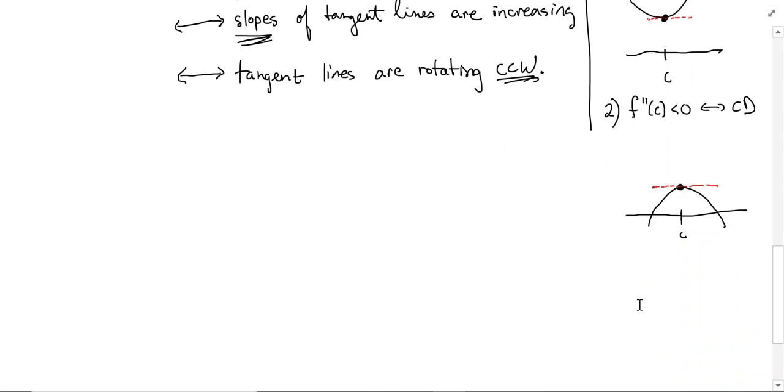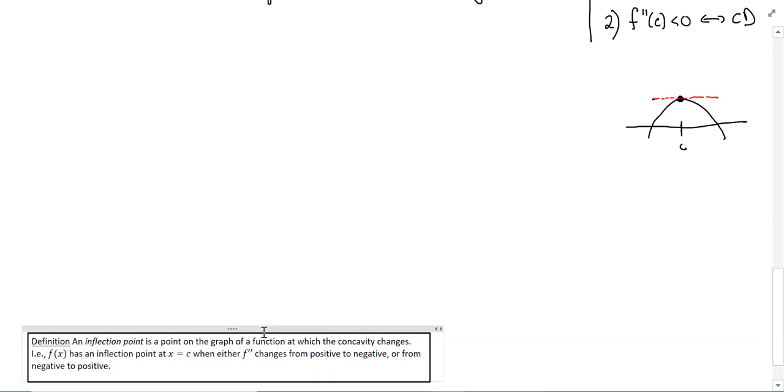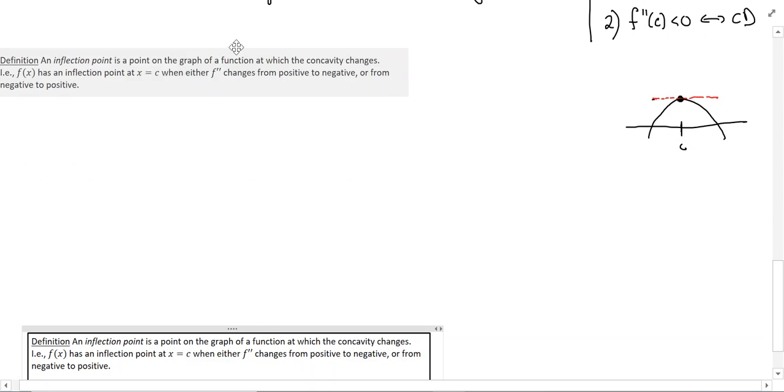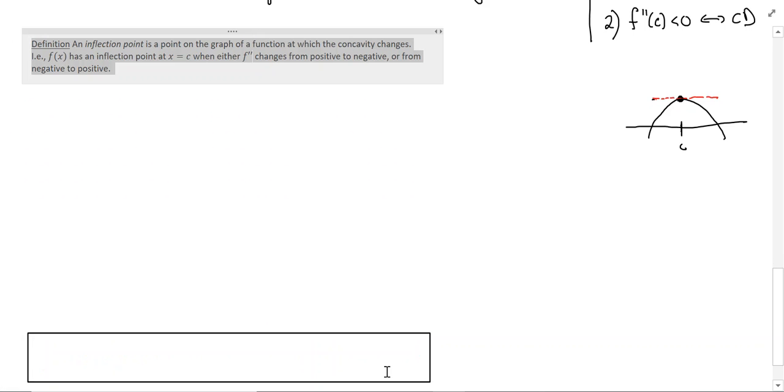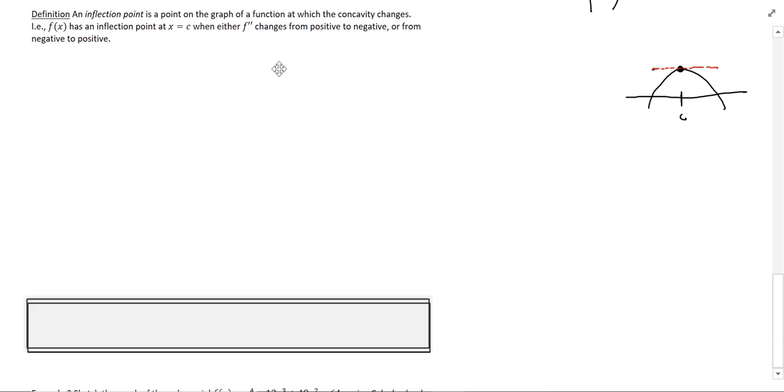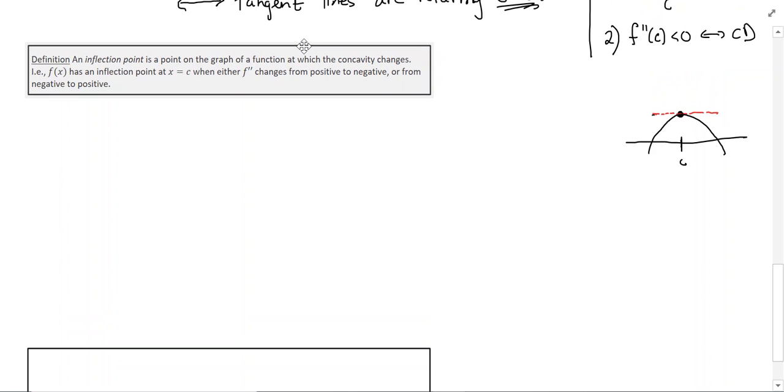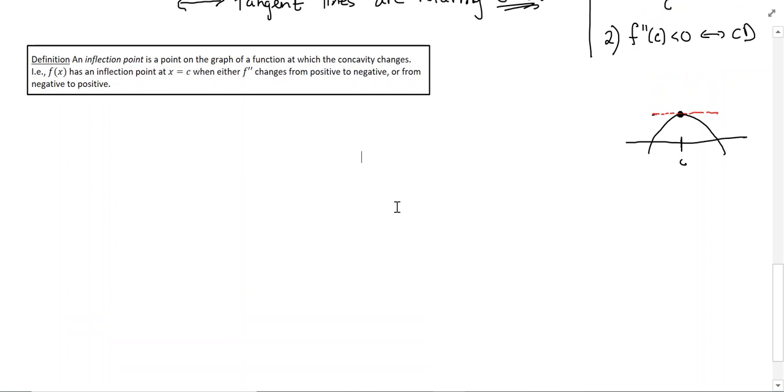That brings us to one last notion that's related here before we can do a nice big example in all its glory, and that's the idea of an inflection point. An inflection point is simply a point on the graph where the function changes its concavity. It changes either from concave up to concave down or from concave down to concave up.